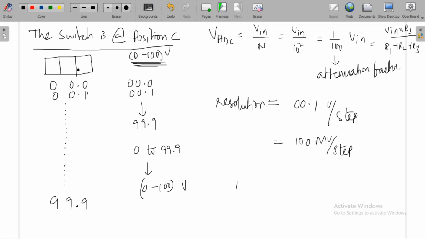You can also find the range. Range is equal to 100 millivolts per step into 1000 steps, then you're going to get 100 volts. The range of this instrument, if the switch is thrown to position C, is 0 to 100 volts.